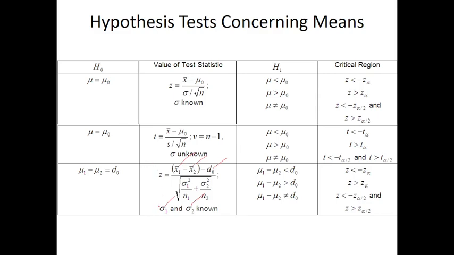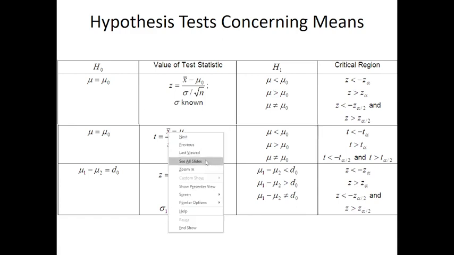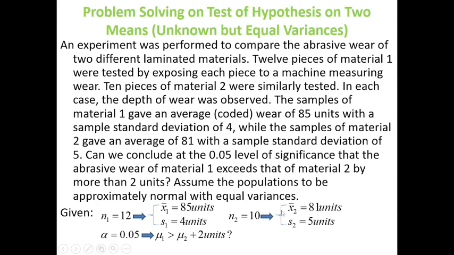But in the problem, sigma 1 and sigma 2 are unknown, right? Let's verify again. Sigma 1 and sigma 2 are unknown, or sigma 1 squared and sigma 2 squared are unknown. Unknown but equal variances as stated in the problem.